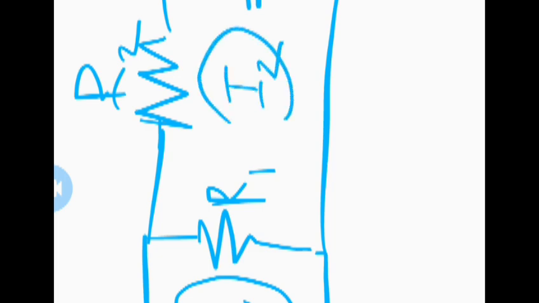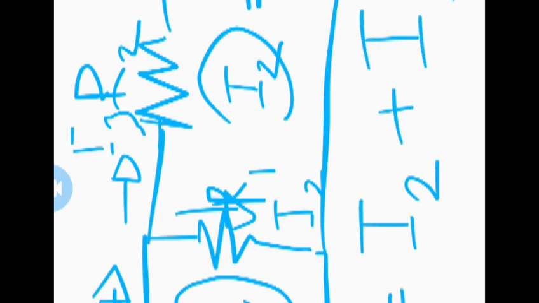Okay, and this I1 and I2 are basically the currents flowing through these loops, not exactly the currents flowing through each of the components, which are two different things. This can be labeled as I1 separately, this can be I2, and this can be I3.